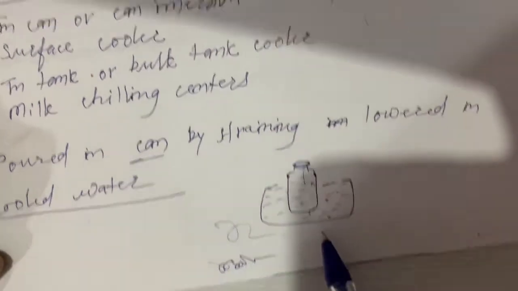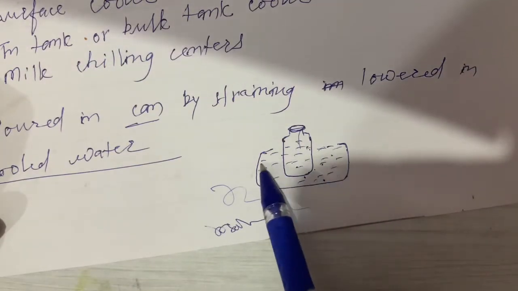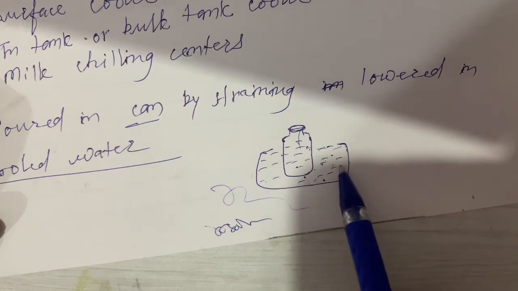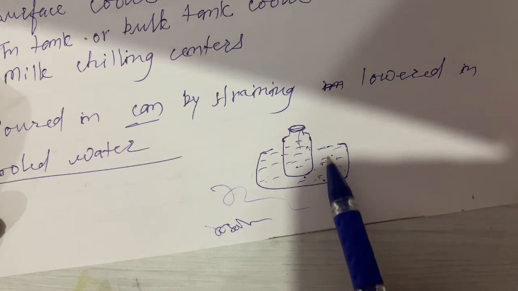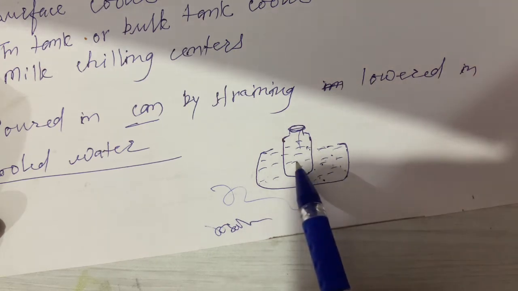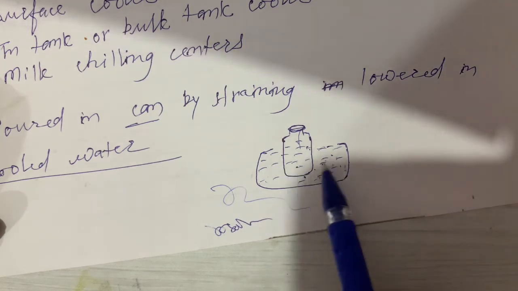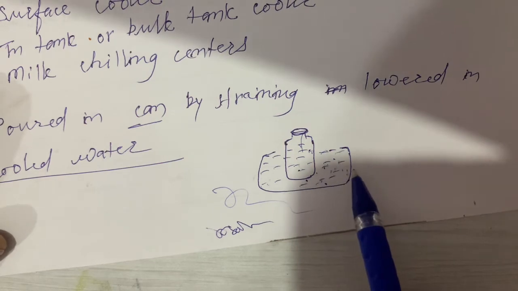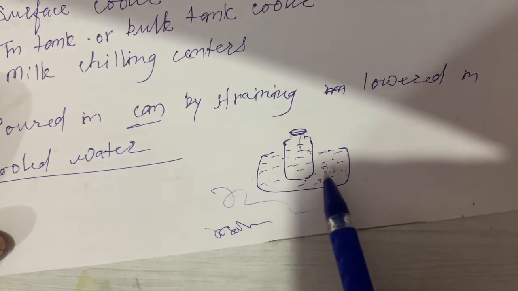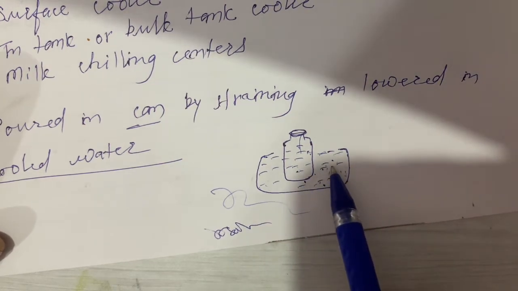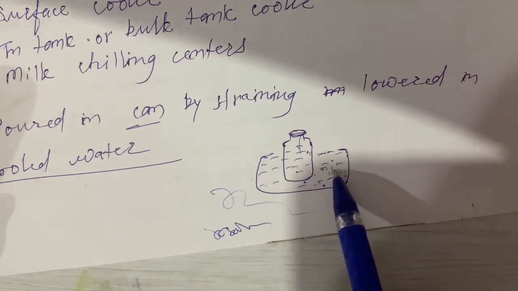This can is immersed in a tank. The tank contains the cooled water, and with the help of this cooled water the inside milk also gets cooled. Okay, so in this way the milk is cooled or stored, and this method is called the in can or can immersion method.